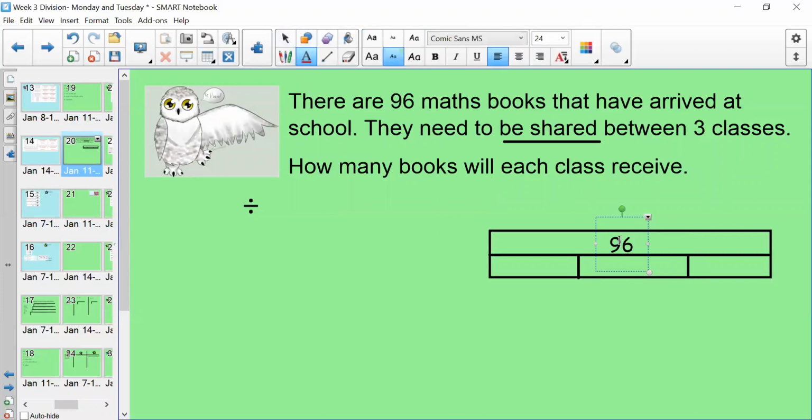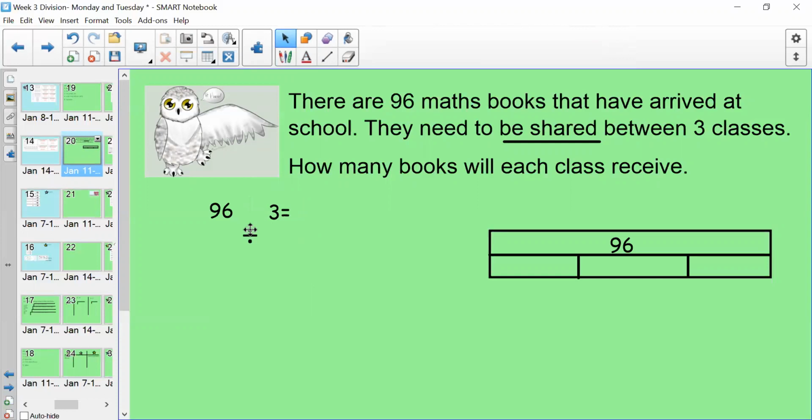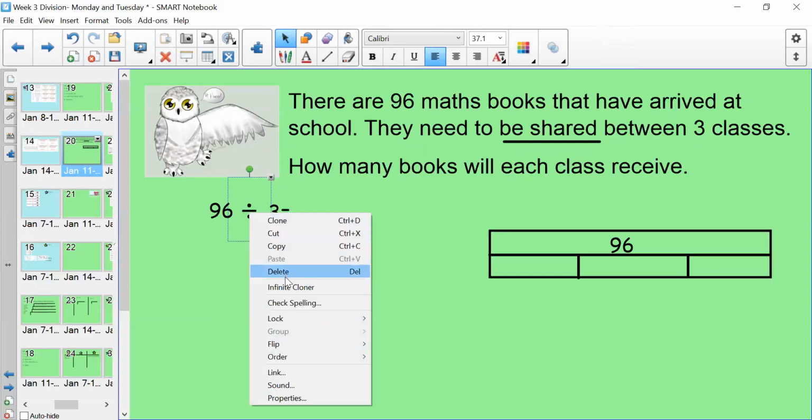So 96. I've got the whole number and I need to share it between 3. I am dividing. So my division sum would have been 96 divided by 3 equals something.